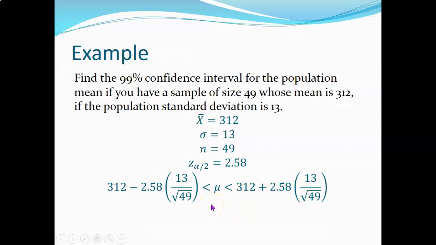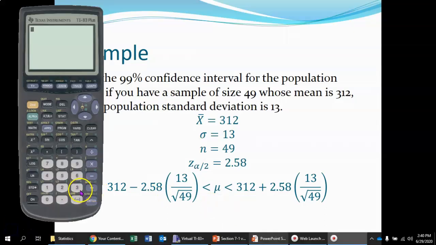Now let's see what this looks like when we put it into the calculator. We're going to do 2 separate calculations. First, we're going to do 312 minus 2.58 times, and the parentheses aren't really necessary.